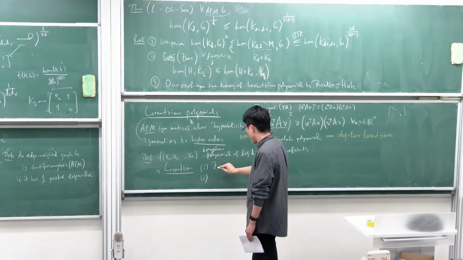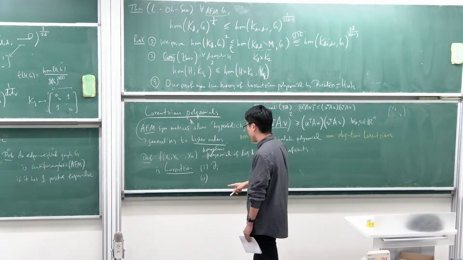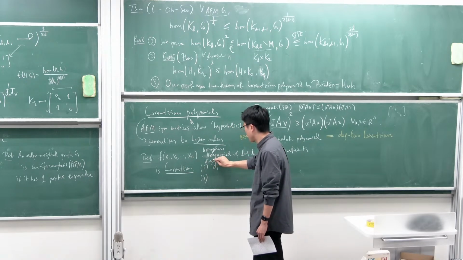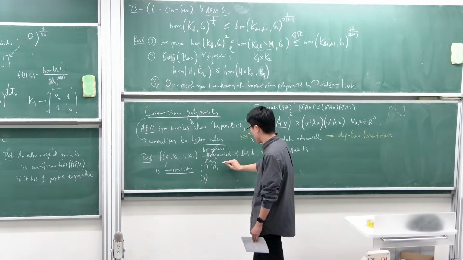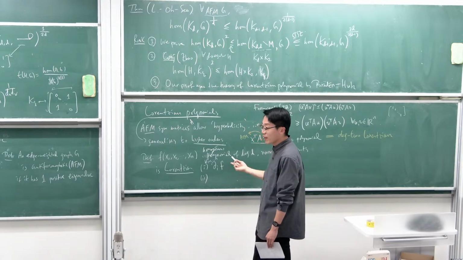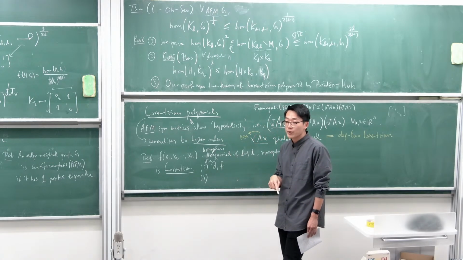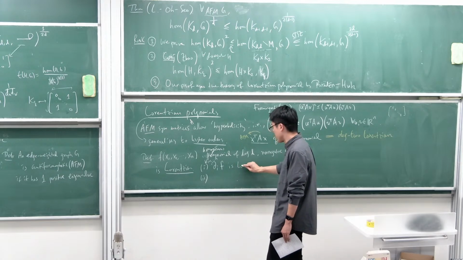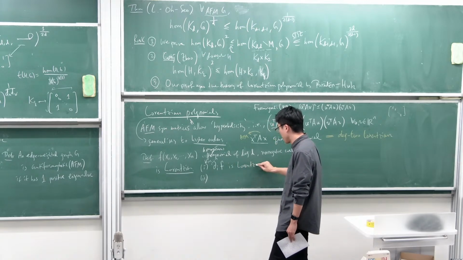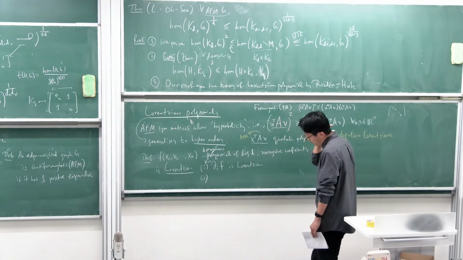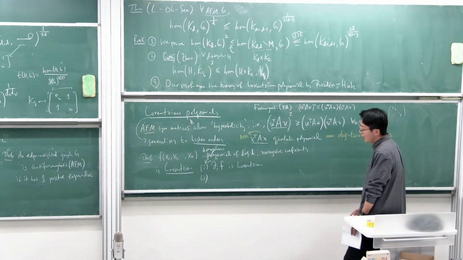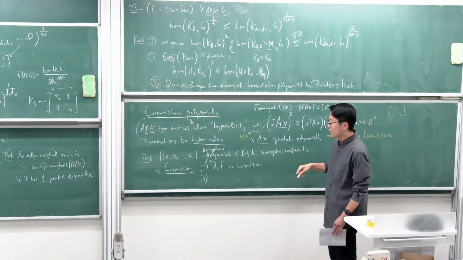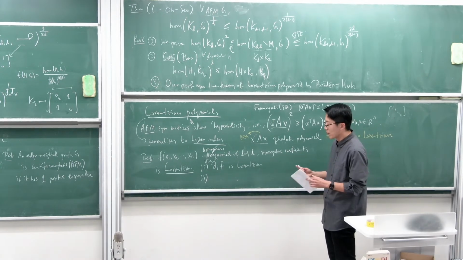For any i from 1 up to n, you take the partial derivative of f, and you have a lower degree homogeneous polynomial of degree d minus 1, and this is Lorentzian. This is the part where I use the recursive definition. But this is not quite enough to make all the theory work, so you need one more condition.